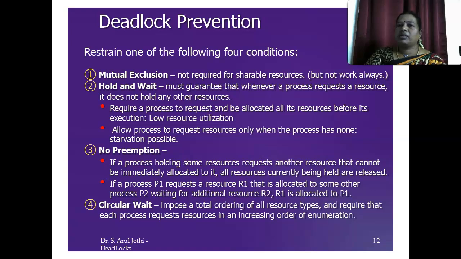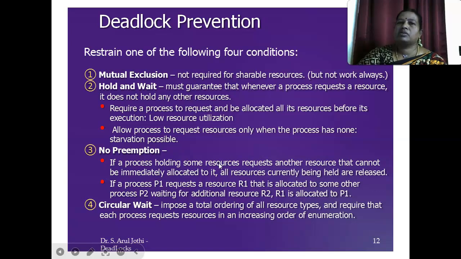So deadlock prevention. Already we have seen the characteristics that lead to a deadlock: mutual exclusion, hold and wait, no preemption, and circular wait. If we avoid all these situations carefully, then we can prevent our processes from reaching a deadlock state.